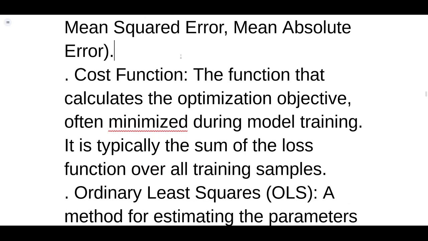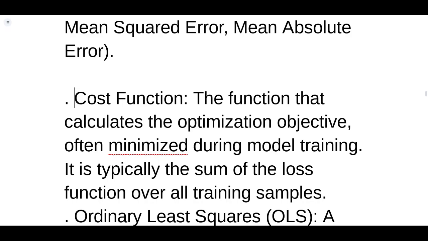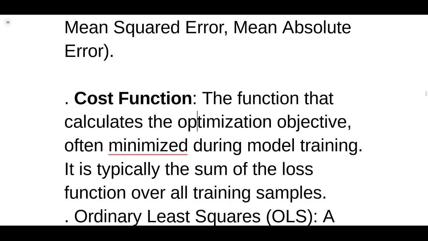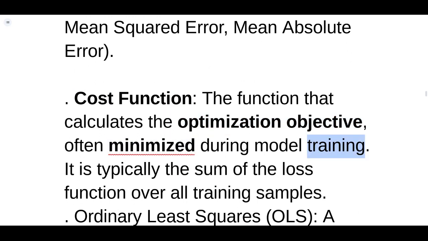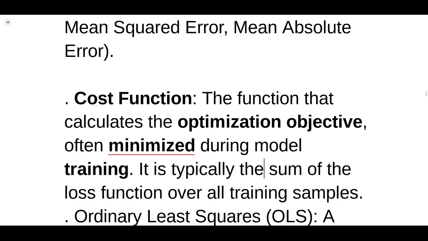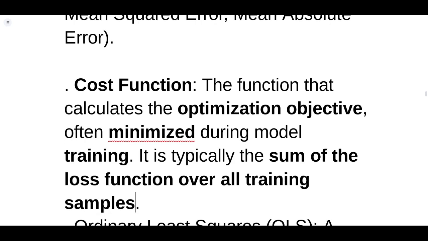Then the cost function. A cost function is a function that calculates the optimization objective, often minimized during training. It is typically the sum of the loss function over all training samples.